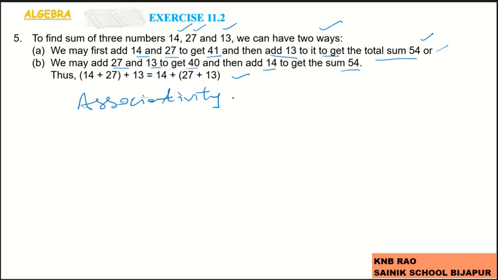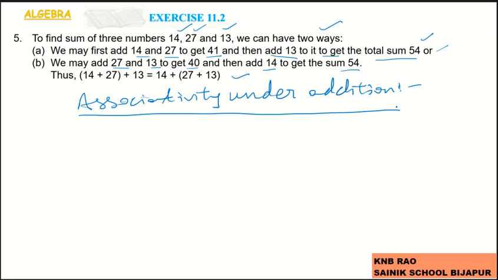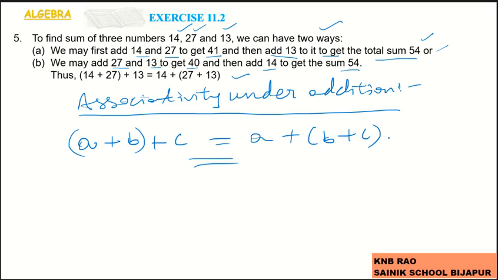This property is called associativity under addition. So children, you need to generalize this with the help of variables. How do you generalize? A plus B plus C equals A plus of B plus C. So this is the associativity of addition, which we have generalized using variables instead of numbers.